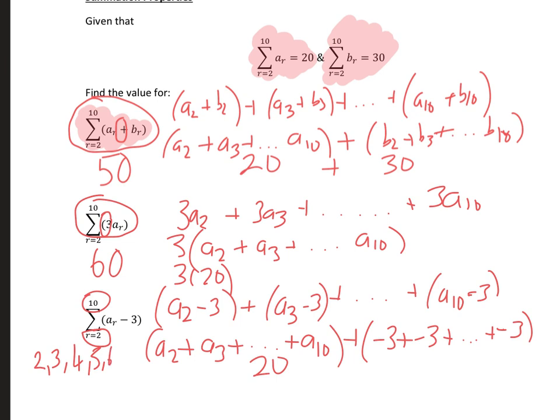There's the second term, third, fourth, 5, 6, 7, 8, 9, 10. Now, if you count those, I've got 1, 2, 3, 4, 5, 6, 7, 8, 9. I've got 9 lots of minus 3's, so that gives me minus 27. So when I do 20 add minus 27, I get minus 7.